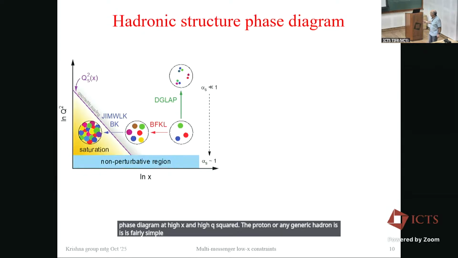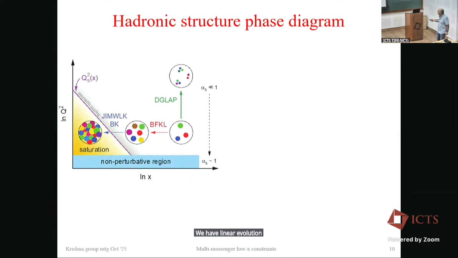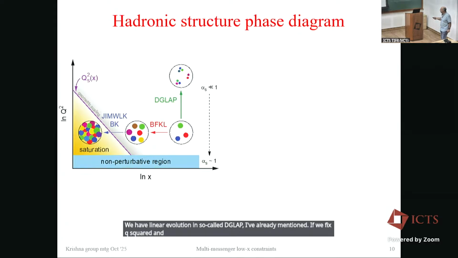The proton or any generic hadron is fairly simple. And as we move in this diagram at fixed x in Q squared, we have linear evolution in so-called DGLAP, I've already mentioned. If we fix Q squared and we evolve in x in this low density region, it's likewise a linear evolution, the so-called BFKL equation. But now we get down in this corner of very low x and low Q squared.